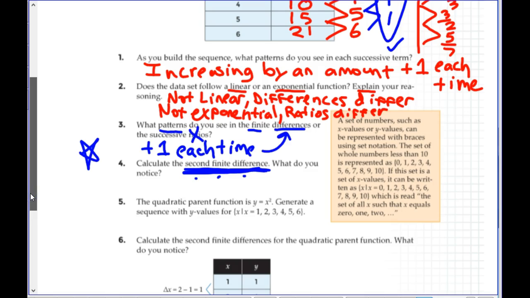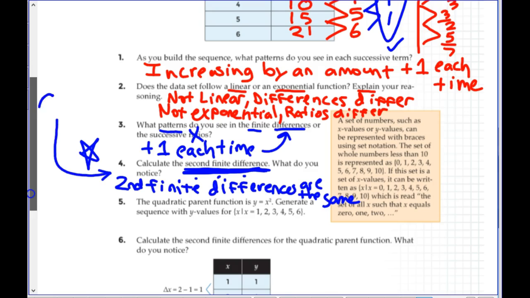So, what did we notice? The second finite differences are the same. I'm running out of room. Try to write the best you can. So if the second finite difference is the same, that is quadratic, okay?